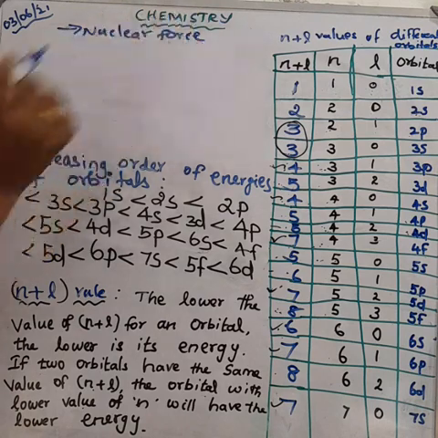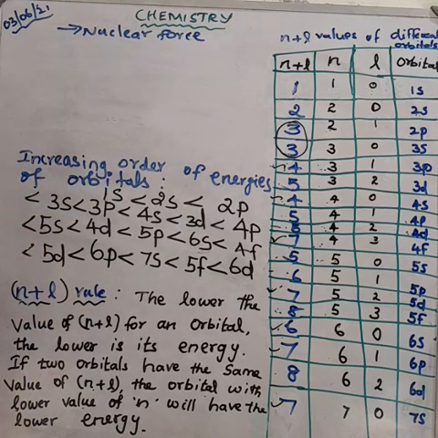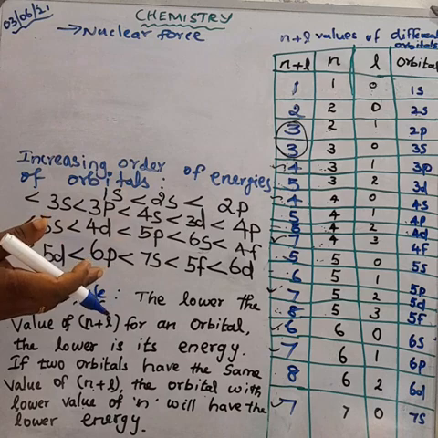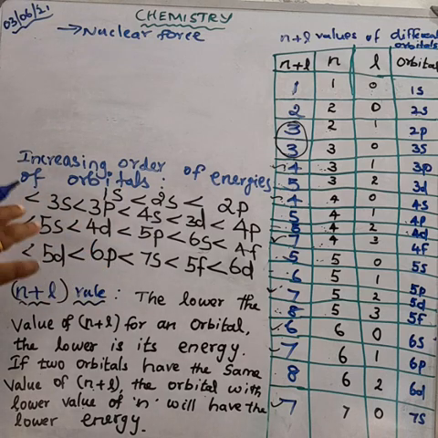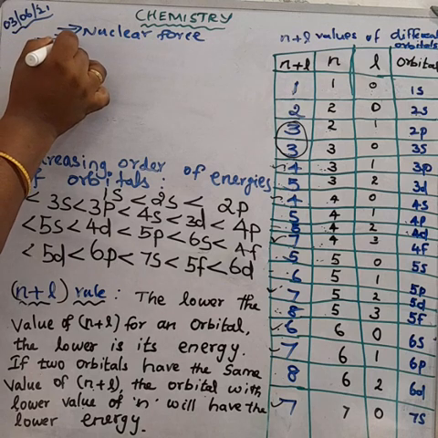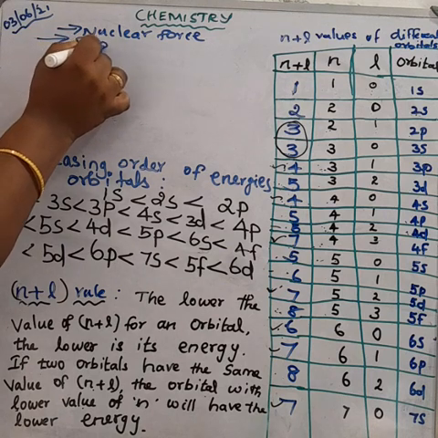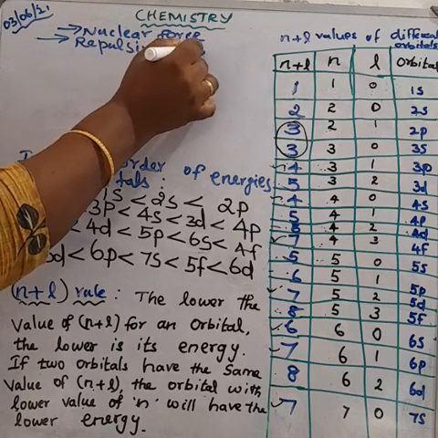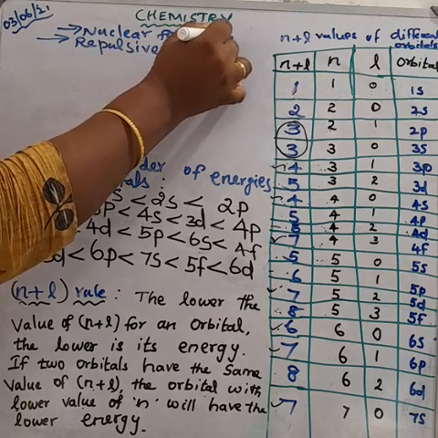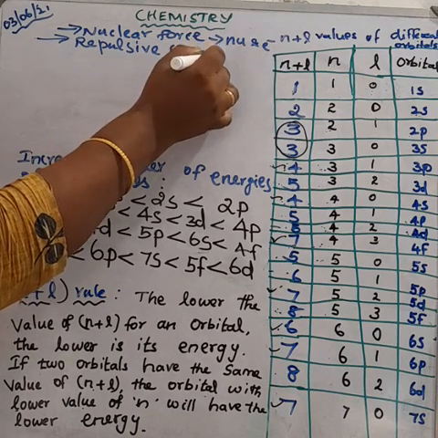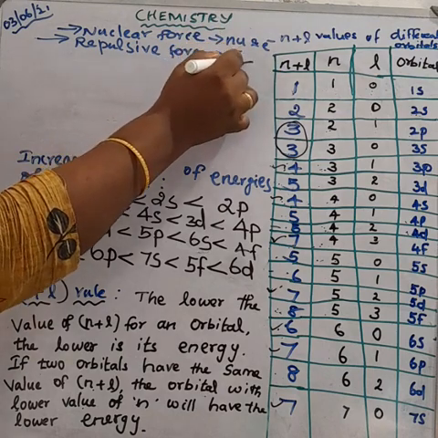The electrons revolve around the nucleus in various orbitals, and among them a repulsive force acts between electrons and electrons.